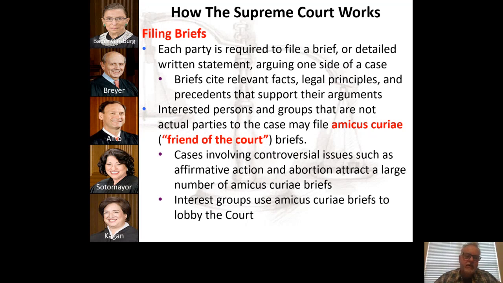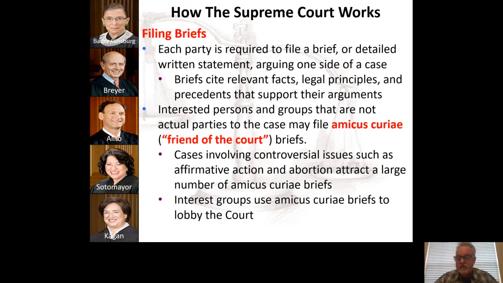In the case of criminal cases, the petition is always going to be written by the defendant, because in criminal cases there is no reason to have a petition written by the prosecution, because they get one crack at the trial, and if they lose, it ends there.